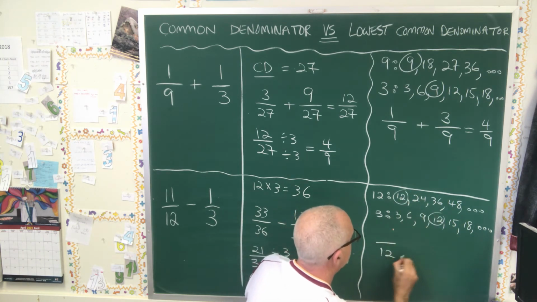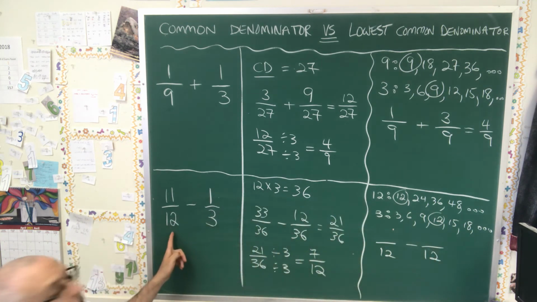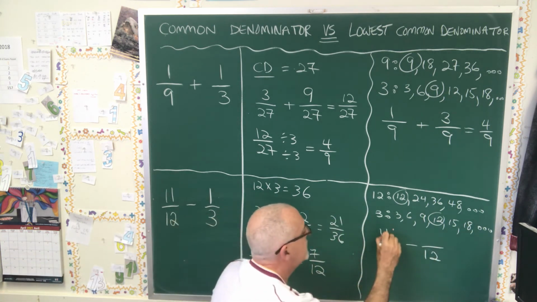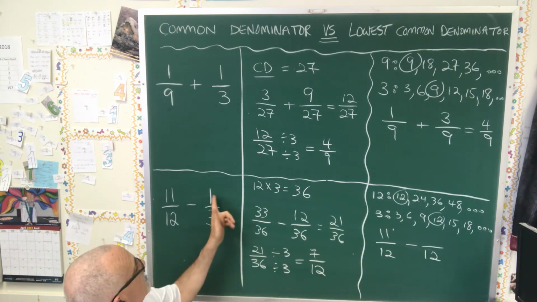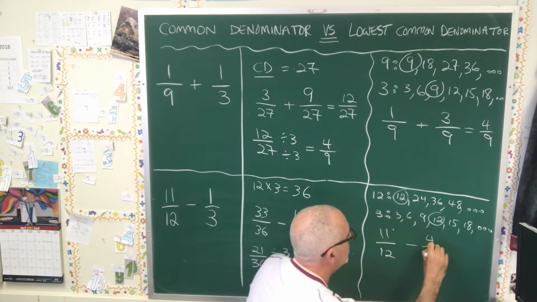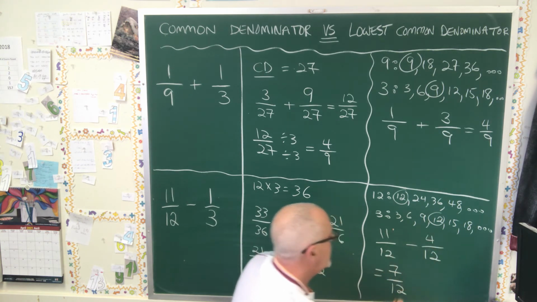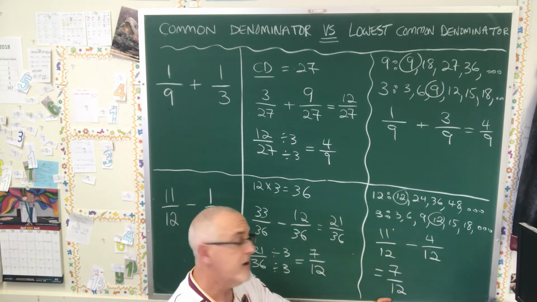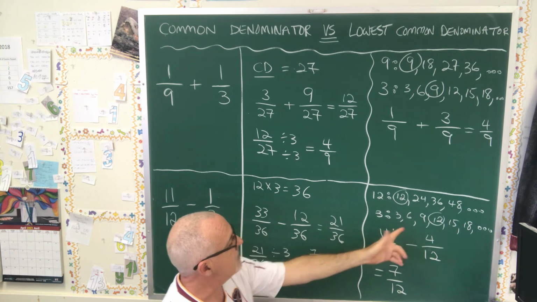So we put both of our fractions over 12 instead. 11 over 12 is already over 12. 3 to turn into 12 has to multiply by 4, so my 1 is multiplied by a 4, and I have a 4 here. 11 minus 4 is 7/12. I have my final answer, and I didn't have to reduce it. But I had this extra step to do at the beginning.